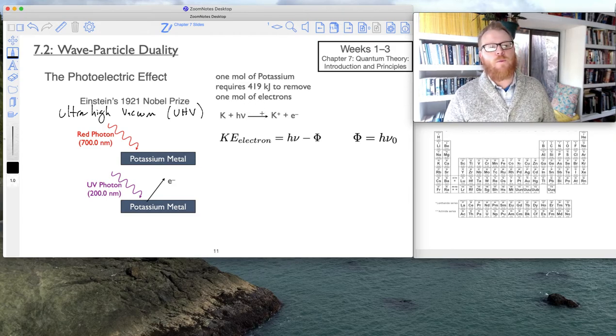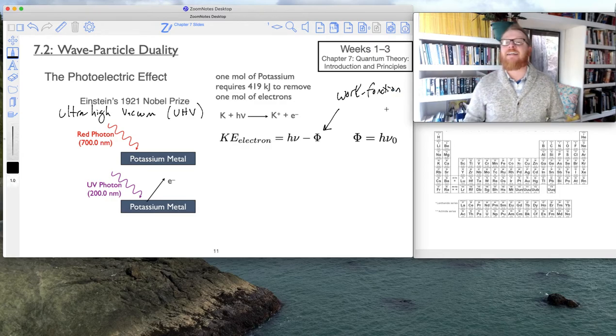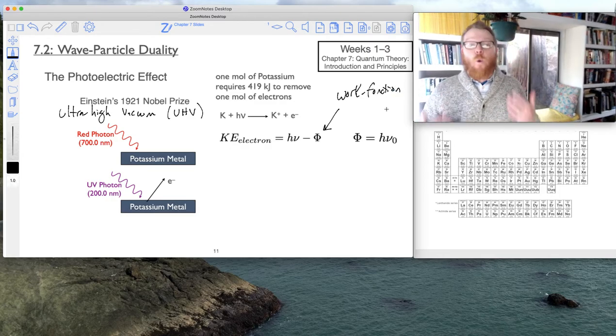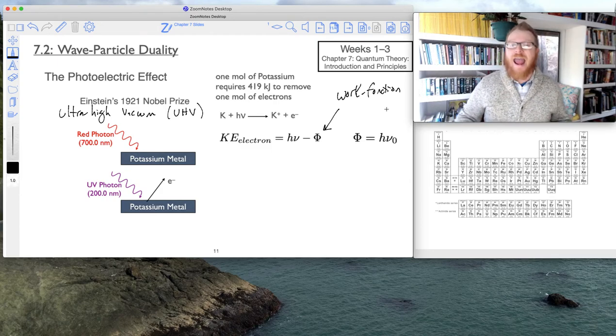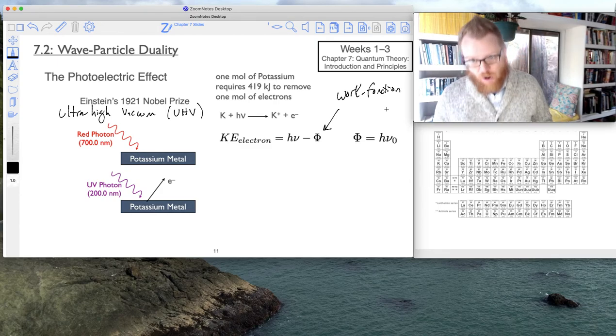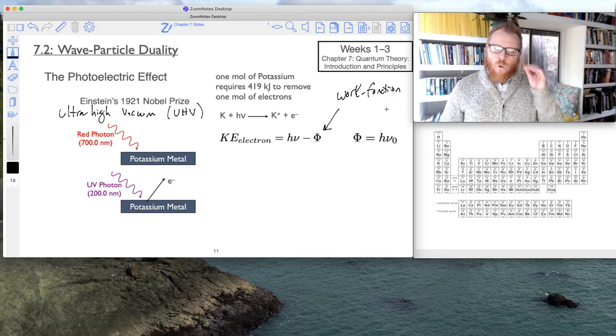Okay, so what we call the work function, and that's this Greek letter phi, which I'll just describe orally as the work required to remove a bound electron. So it's not quite the ionization energy, but it's very, very closely related to that, okay?